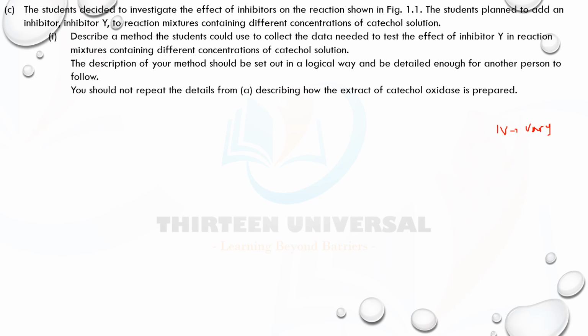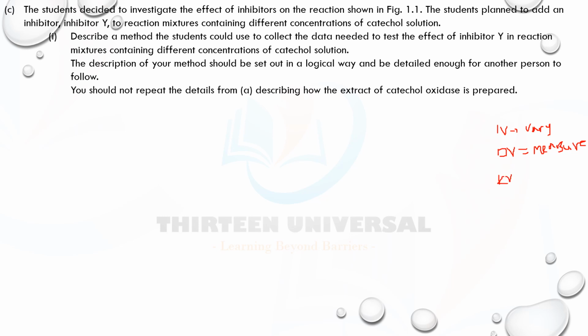Then I'm going to talk about the dependent variable. The dependent variable is what I'm going to measure, which here is absorbance, and the independent variable is the concentration of catechol. So that's DV for dependent variable, and KV, so IV, DV, KV.